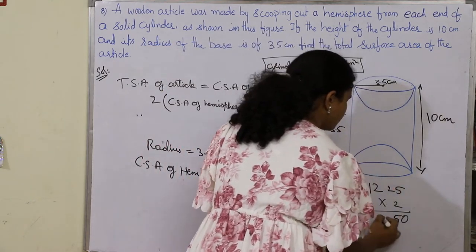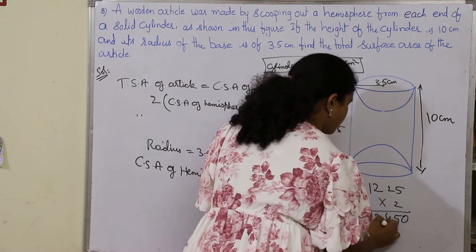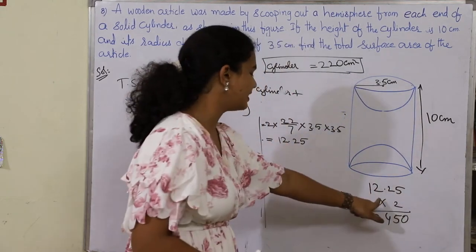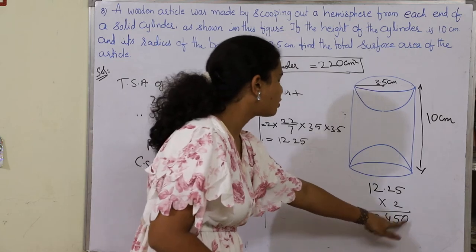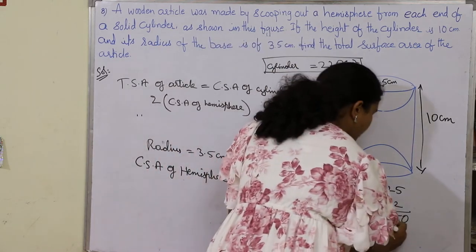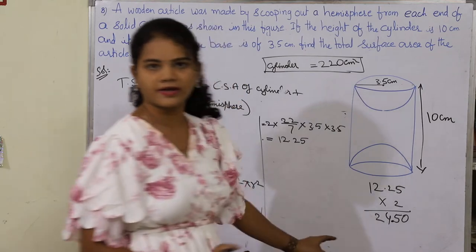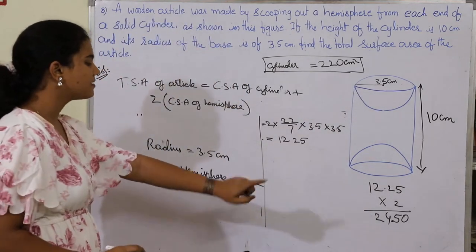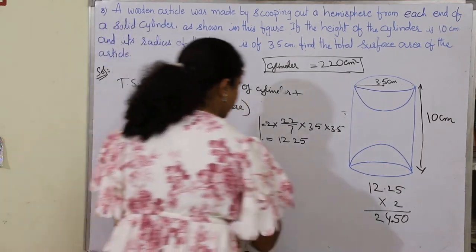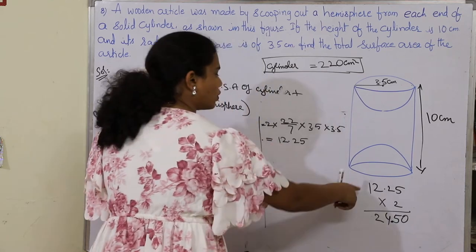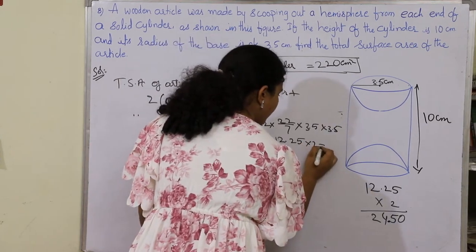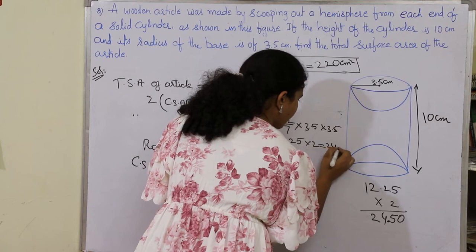Now here 2 2s 4. 2 1s 2. Now you have the decimal point after 2 digits, right? So add the decimal point after 2 digits. So here 0 5, and we get the decimal point over here. 24.50 will be the answer. So I can write like 12.25 into 2 equals 24.5.